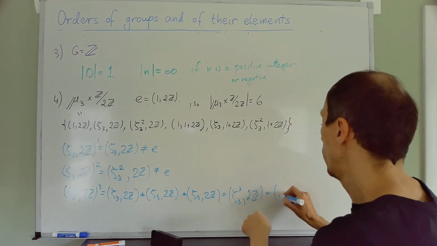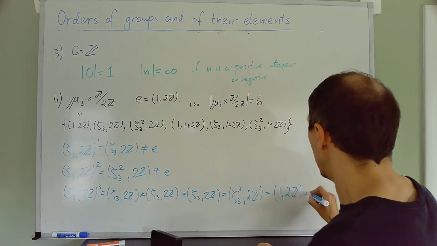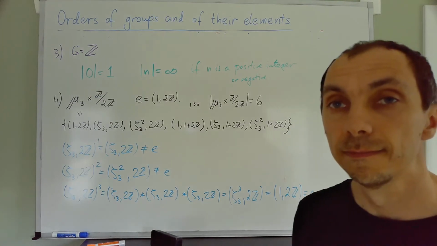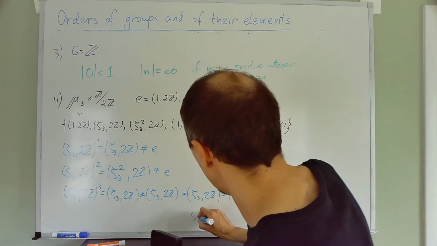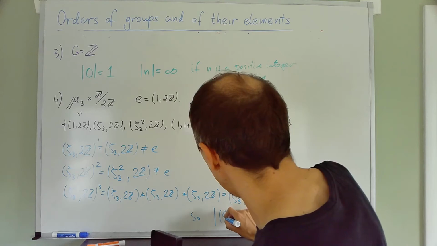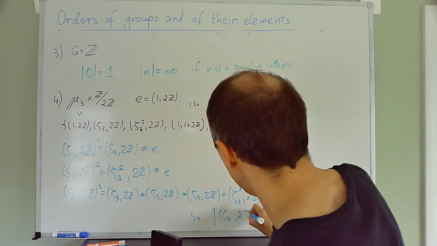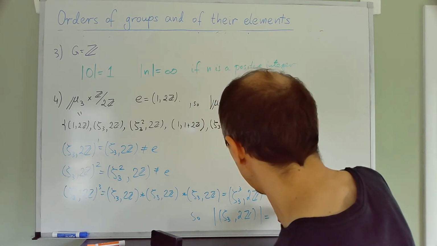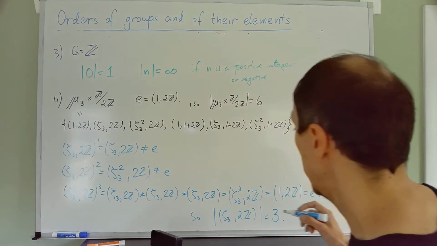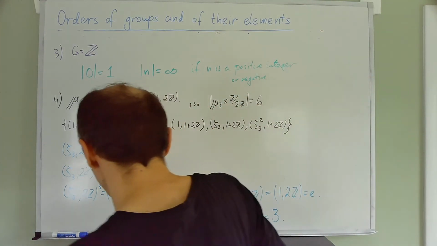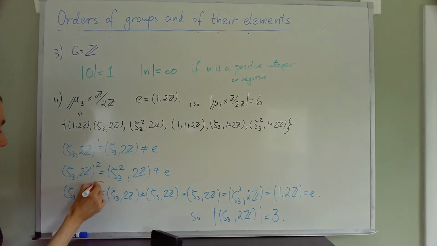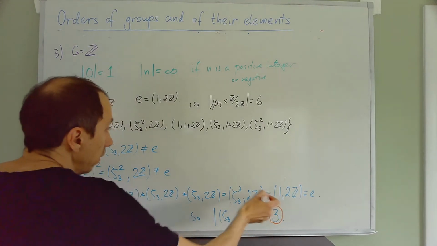But zeta 3 cubed is 1. So it does give you the identity. So the order of (zeta 3, 2Z) is 3. Because I needed to use power 3.